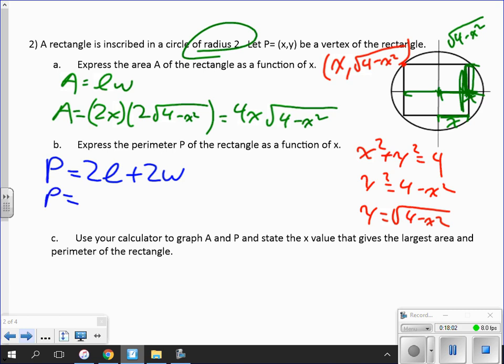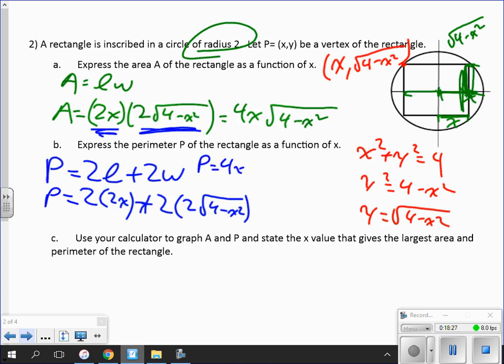We already figured out the length, so I have 2 times 2x, plus 2 times the width, which is 2 times 2 root 4 minus x squared. When you clean that up and simplify it, your perimeter ends up being 4x plus 4 times the square root of 4 minus x squared.